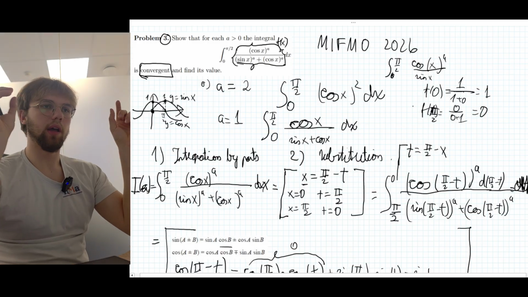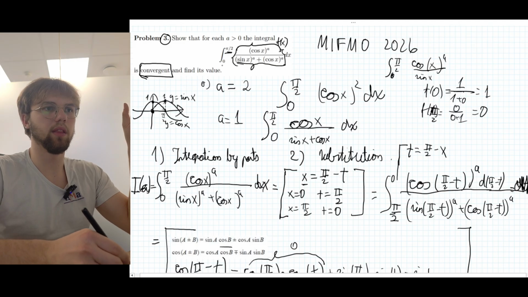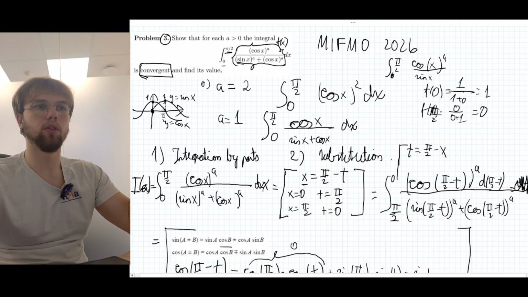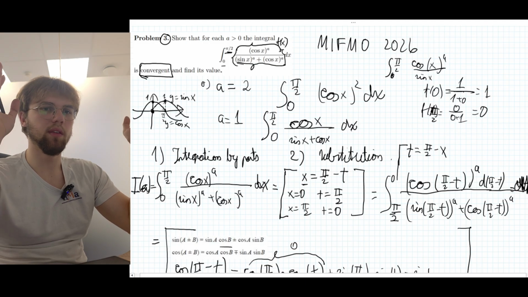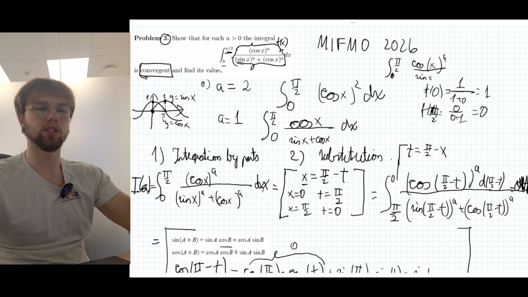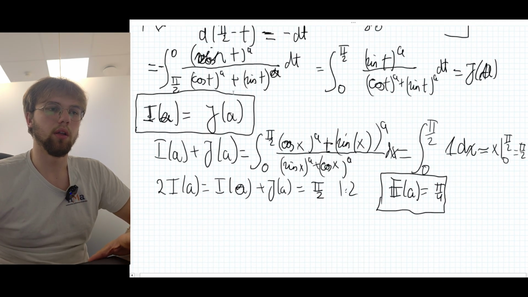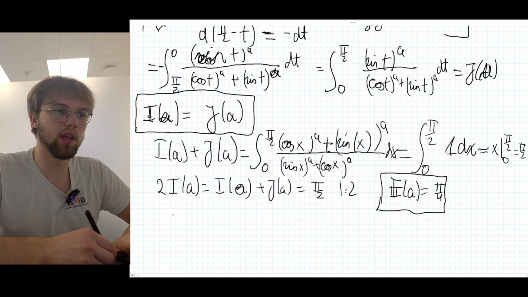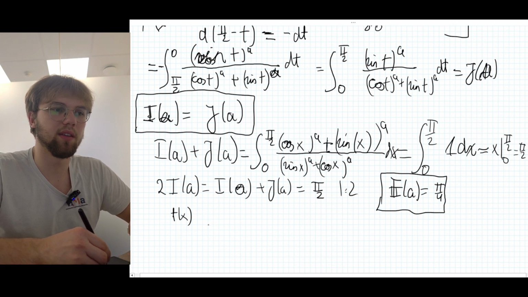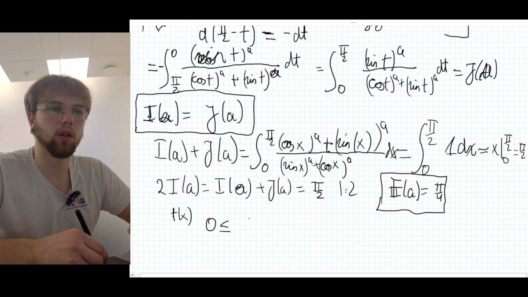So look, these boundaries are also finite, right? It's not that the integral goes to infinity or something. This is from 0 to pi over 2. It's a bounded integral. We just need to show that the function is bounded. But this is very simple because we can just write this inequality.